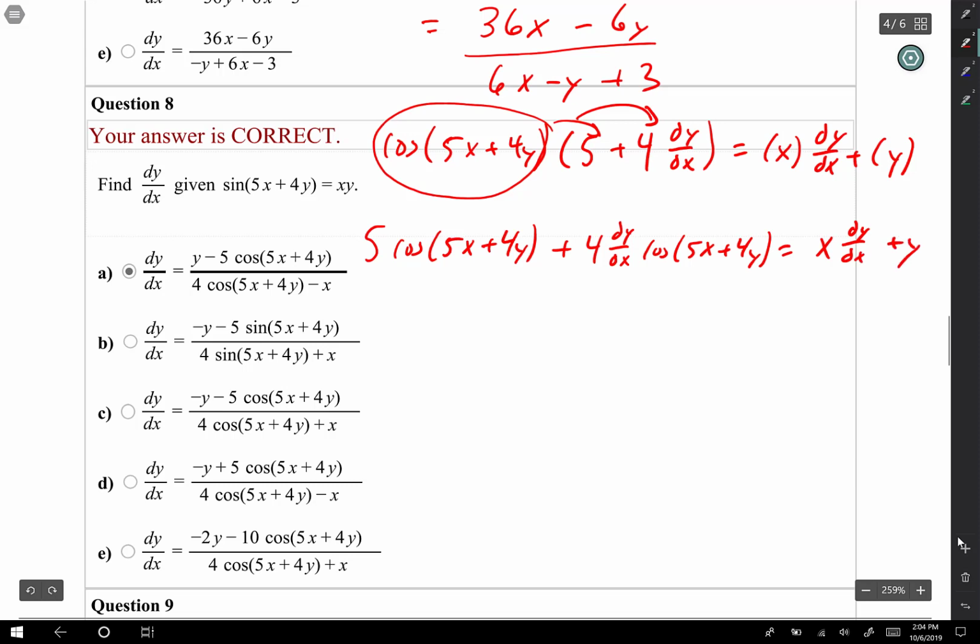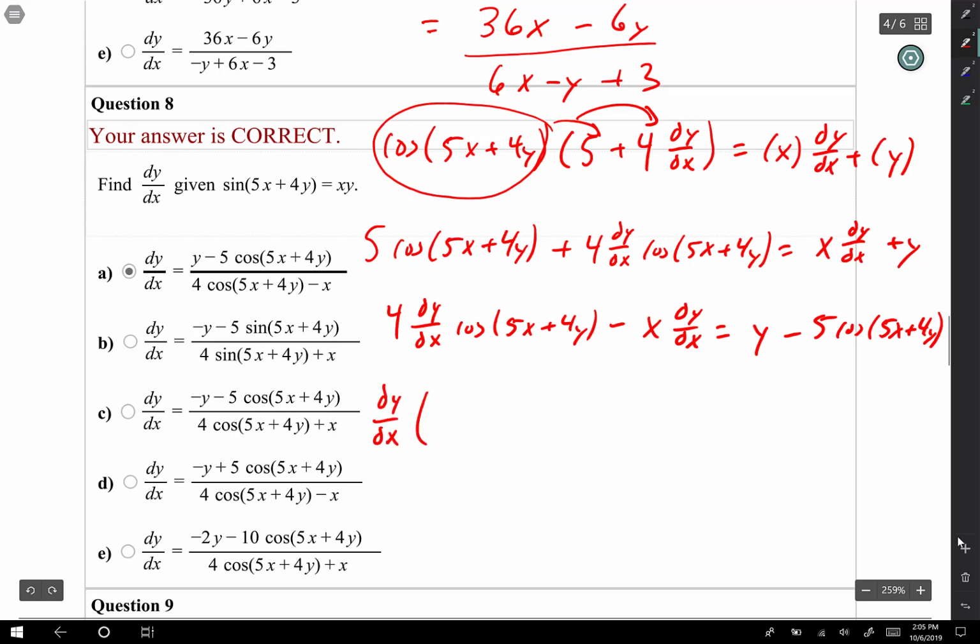So now you're just going to do algebra. I'm going to rewrite everything, all the dy/dx's on the left-hand side. So 4 dy/dx cosine(5x plus 4y) minus x dy/dx equals y minus 5 cosine(5x plus 4y). So now I'm going to factor out a dy/dx.